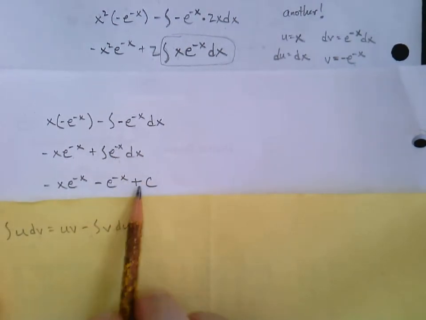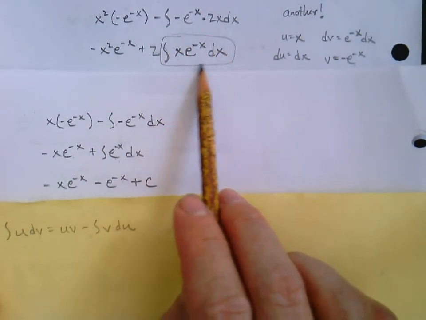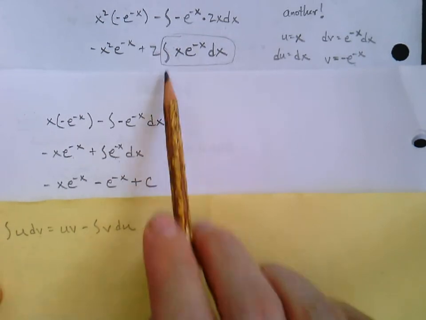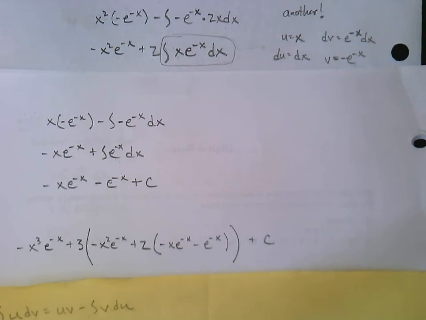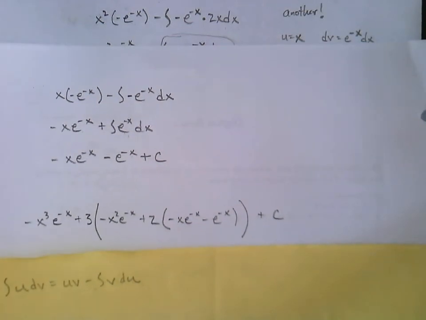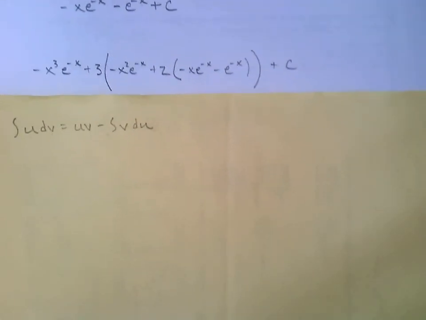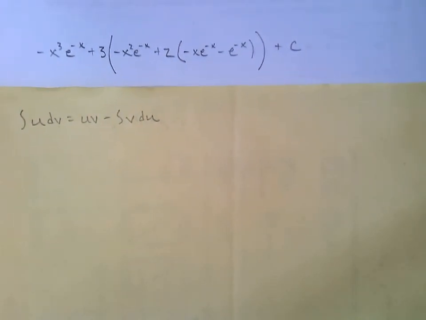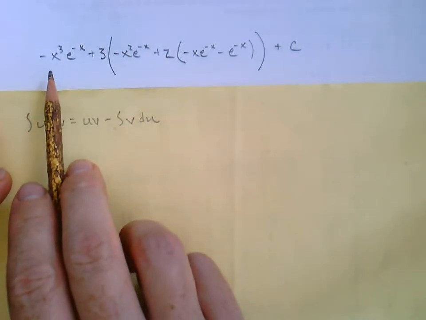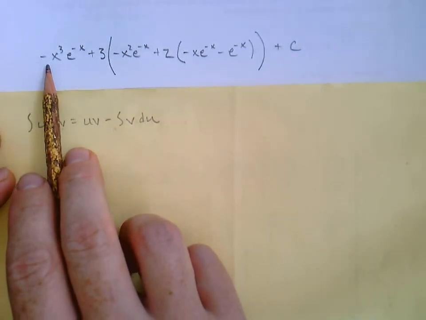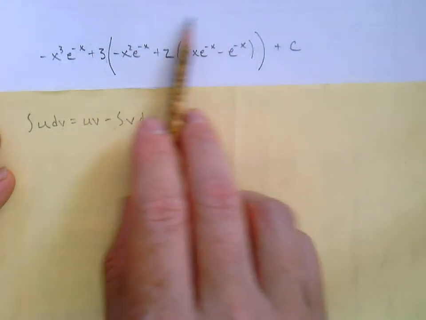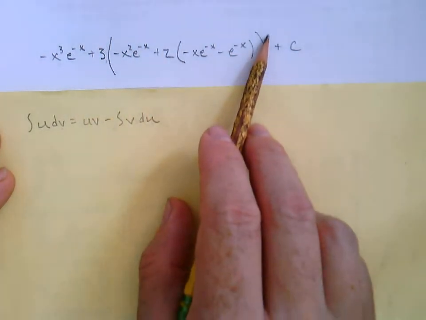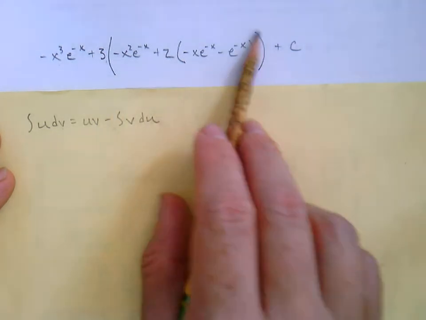This right here goes into that circle, but that's inside something bigger, and that's inside something bigger. So here is the beginning of the answer to the whole thing. If you recall, we've got negative x to the third e to the negative x plus 3 times, and that was our first integration by parts, our first new integral.